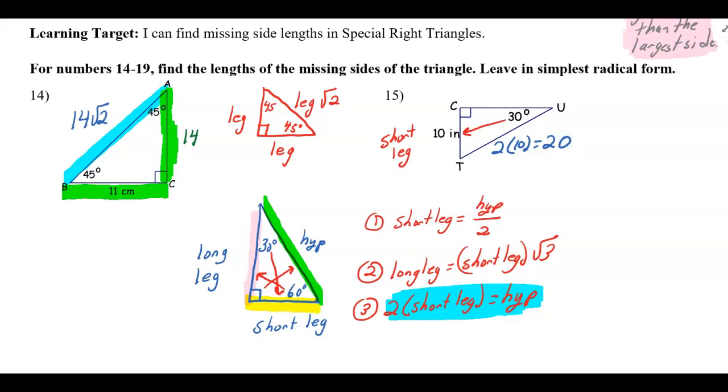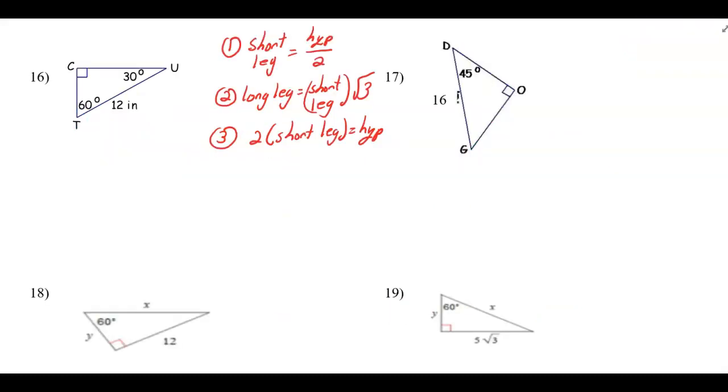So that's how I'm going to get the hypotenuse, 20. We know that the long leg is the short leg times root 3, and I'm highlighting that in yellow. So the side across from angle T, which is the 60, is going to be 10 square root of 3. Let's take a look at problem number 16.